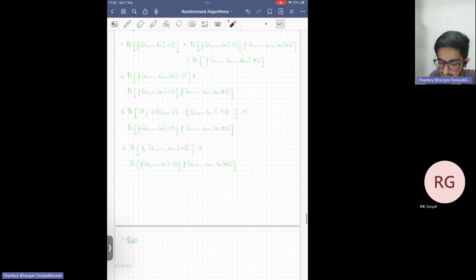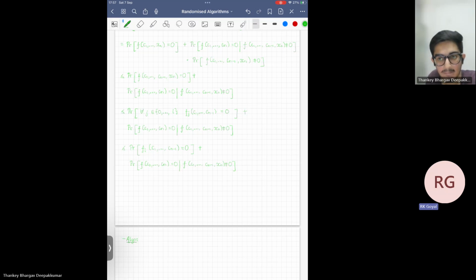So I have a polynomial in n minus 1 variables of degree at most D minus I, and I'm saying that it becomes 0. The polynomial is non-zero, but it becomes 0 after this substitution. So it is becoming zero because of the substitution.